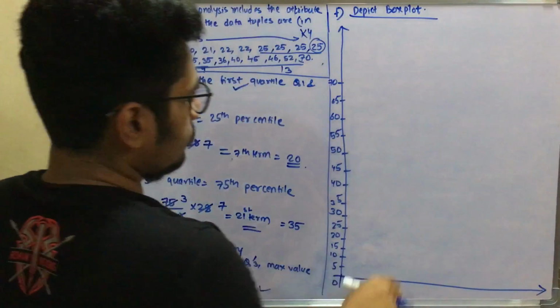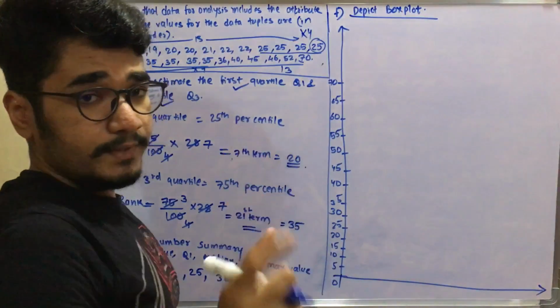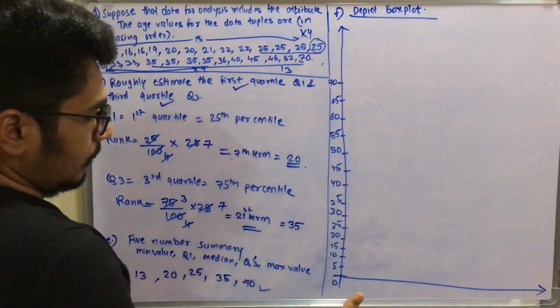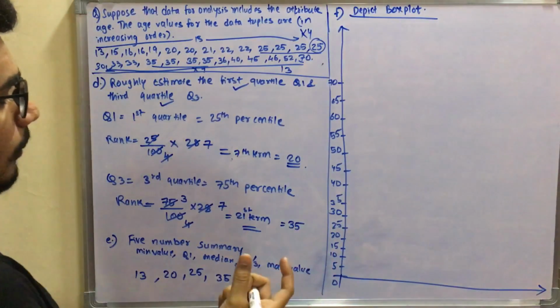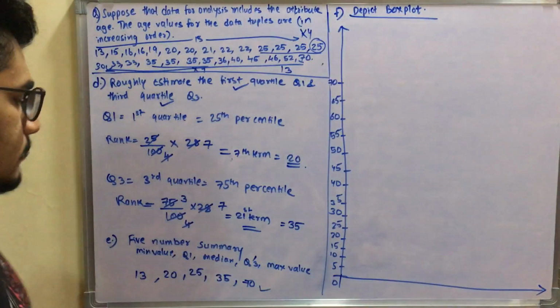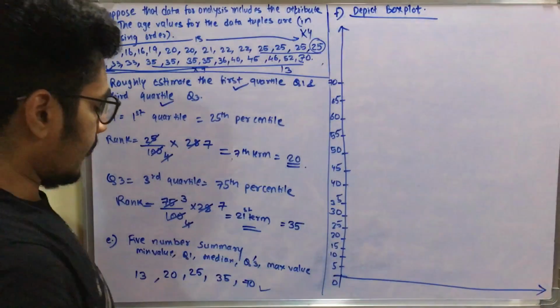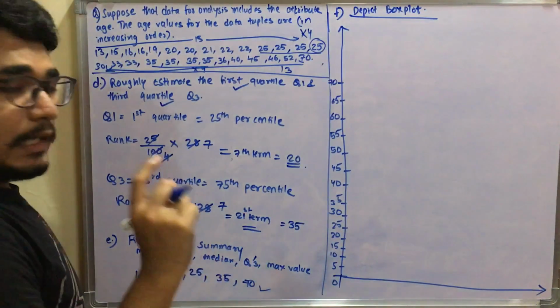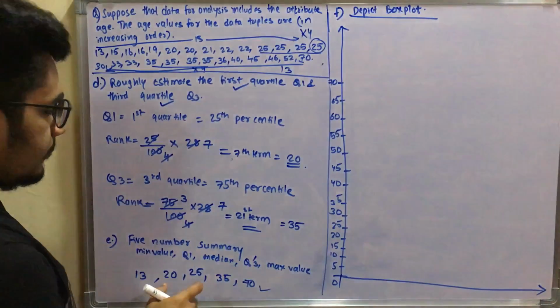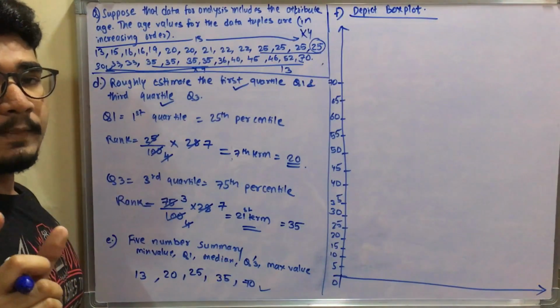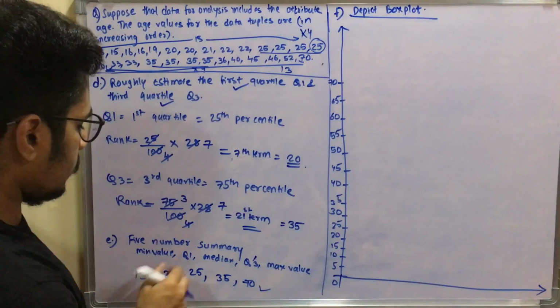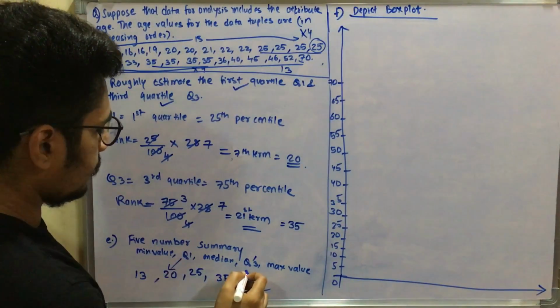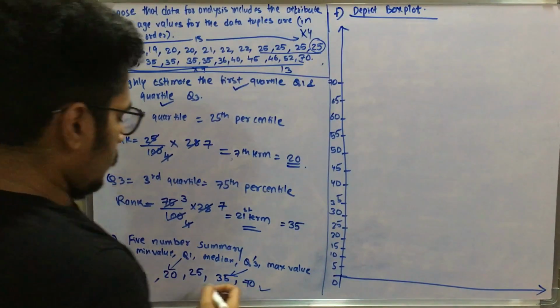And to calculate this, we need some values. First we need to depict that box. That box is nothing but the interquartile distance or the interquartile range. So first you calculate that box. That box represents the Q1 as well as the Q3. So Q1 from this is this value, and Q3 is this value.